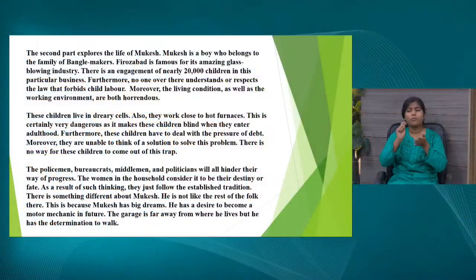Moving ahead, in the second part, what the writer is trying to tell us is that even though the condition is very poor, there is no respite for them, because the government, the police, the bureaucrats, they do not want to improve their conditions.